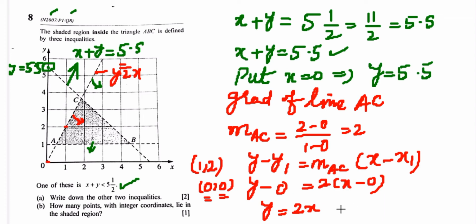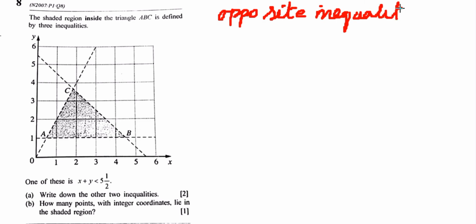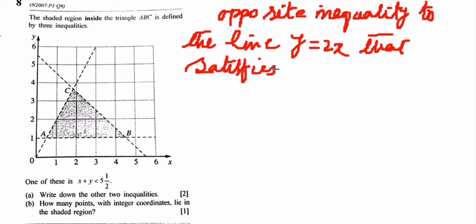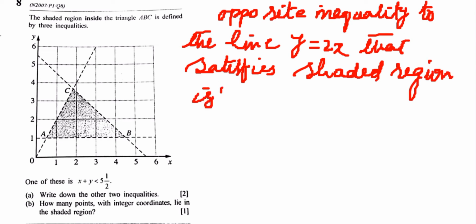So the inequality to the line y is equal to 2x that satisfies the shaded region is y less than 2x.